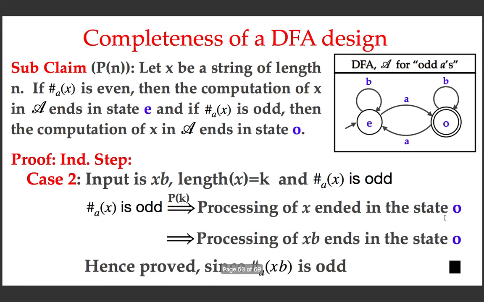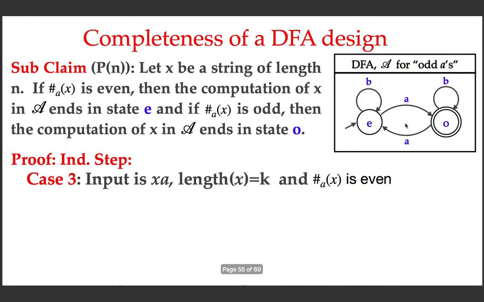And you are done because now the number of A's in XB is odd, because the number of A's in X was odd and now you processed a B. So odd number plus 0 is odd. So when the number of A's in XB is odd, you entered state O and you are done.